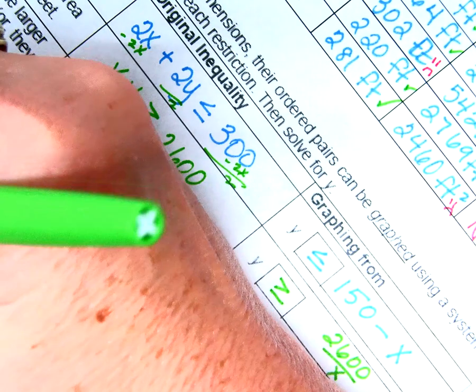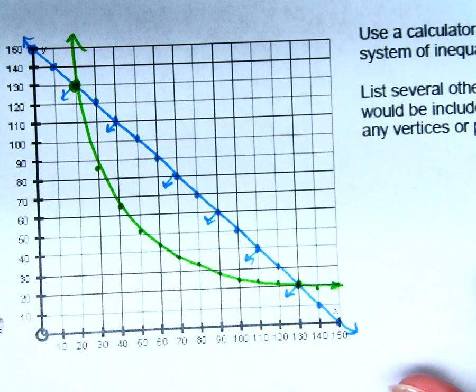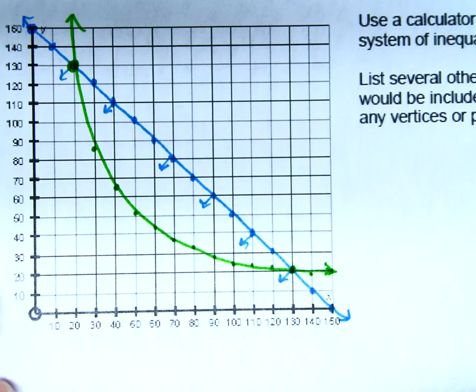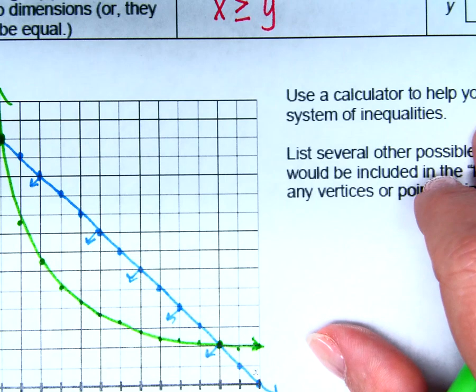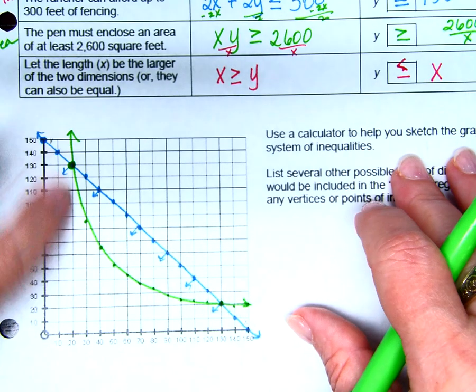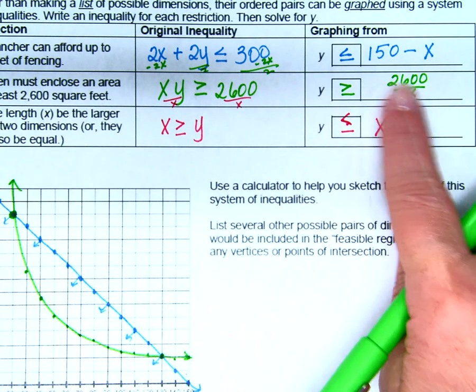And we already talked about the fact that this is solid, right? Okay. So how do I decide where to shade on this? Well, normally we would choose a point 0, 0, right? Because this doesn't go on 0, 0. But what happens if I try to put 0, 0 in right here?